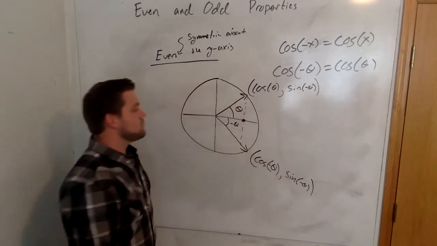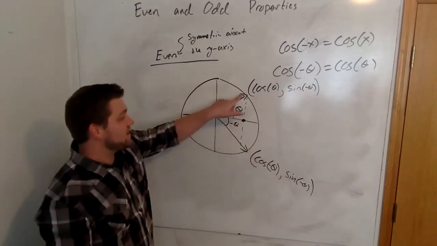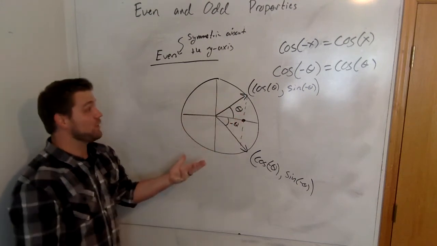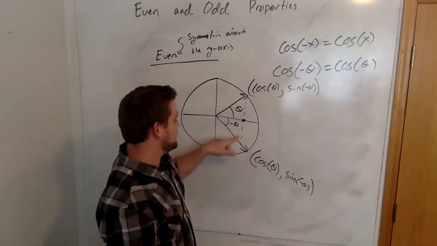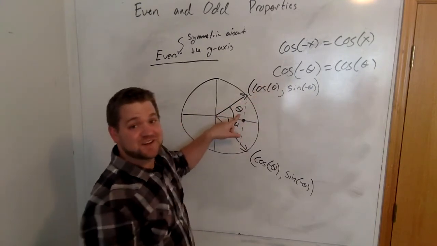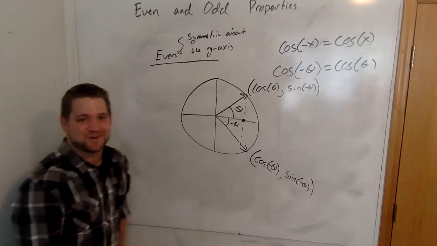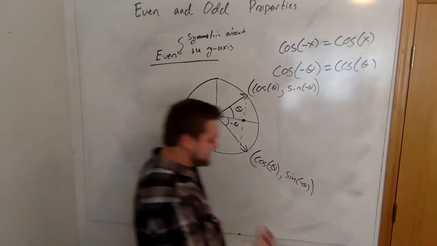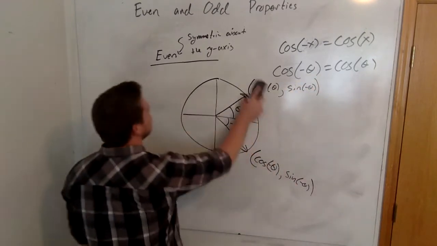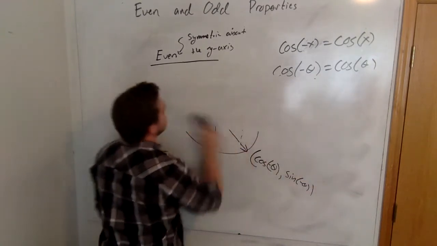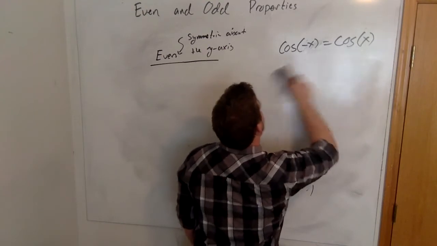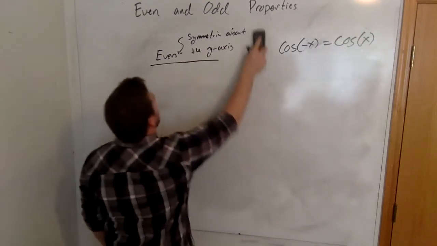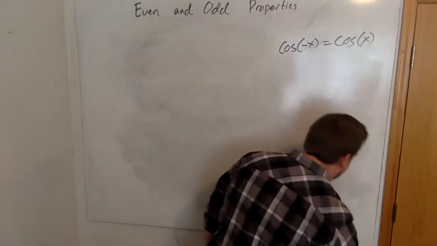But the idea is, remember, cosine spits out the x-coordinate, and the x-coordinate for both of these angles is equivalent. So here's a unit circle way to see that the cosine of negative theta is equivalent to the cosine of theta. They both spit out that same x-coordinate. So you can think about it graphically, or you can take a look at the unit circle. Cosine is an even function. Cool. So we're going to hold on to this one: cosine of negative x is equal to cosine of x. It's an even function.